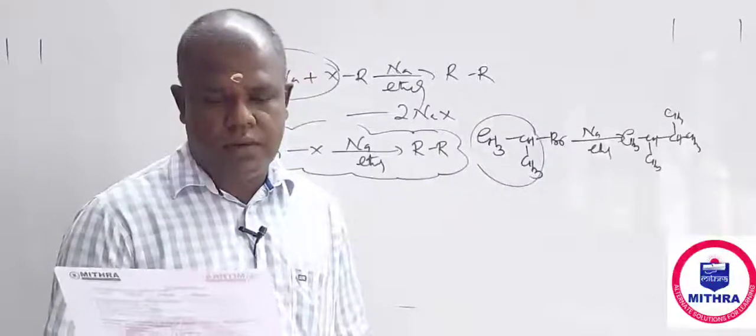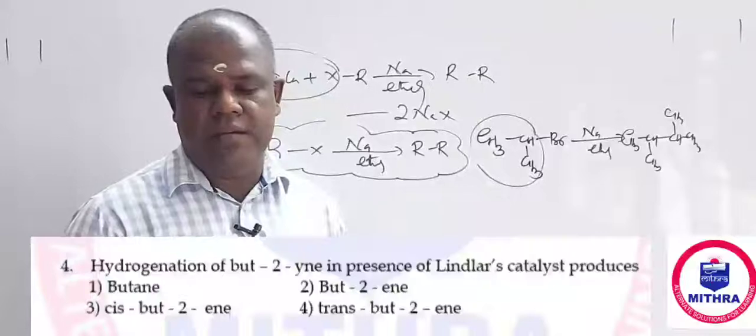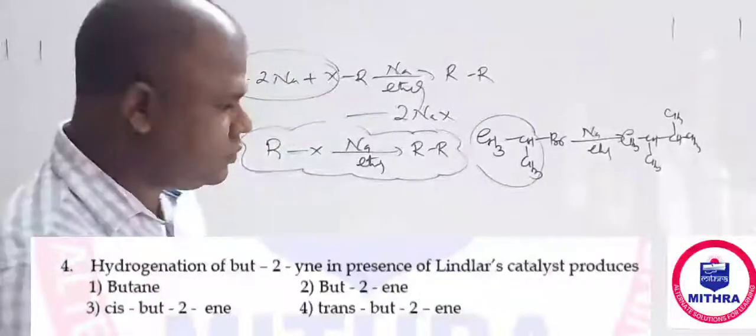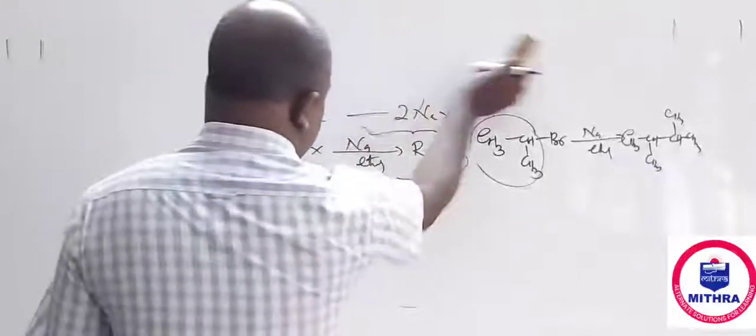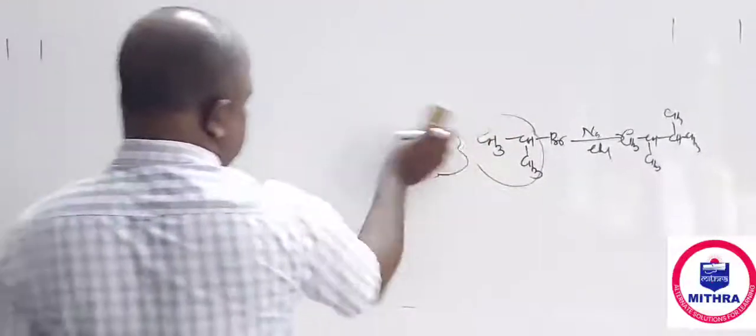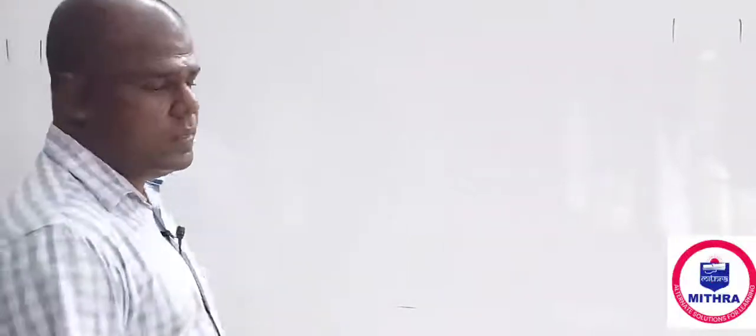Agree? Question number 4. Hydrogenation of 2-butyne in presence of Lindlar catalyst. Lindlar catalyst, you know, is palladium on carbon. Palladium is an active catalyst, but in presence of graphite, carbon, its activity is suppressed. So carbon is actually acting as what is technically called a catalytic poison.